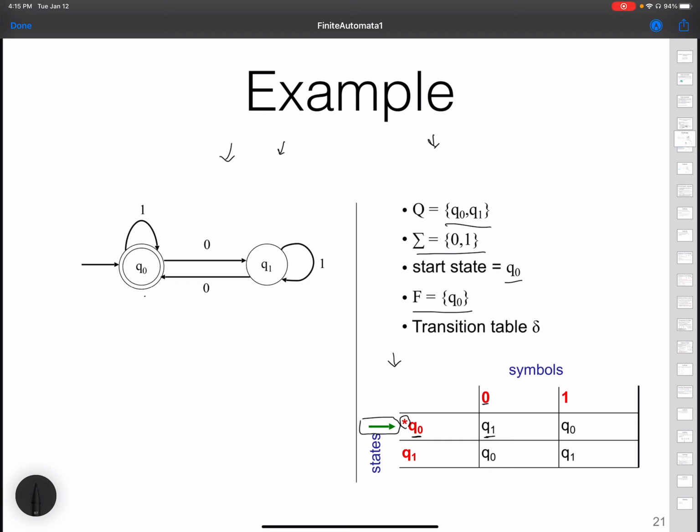Okay, so now let's look at this example. What is the language represented by this deterministic finite state? Remember, the language of a finite state is the set of all strings that will be accepted if you give them to this finite state.